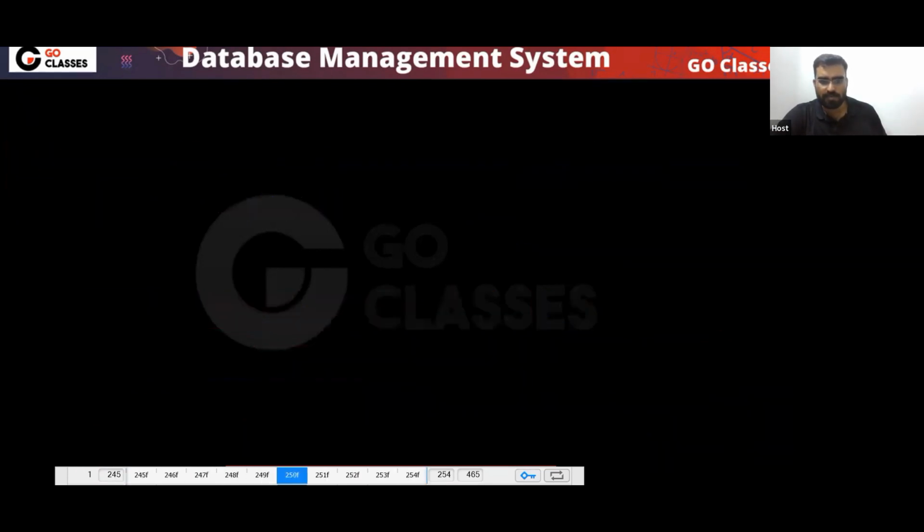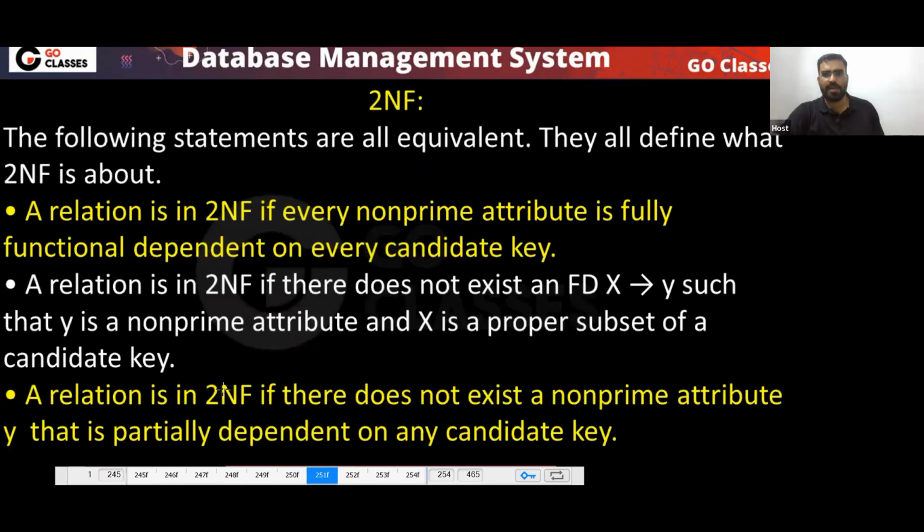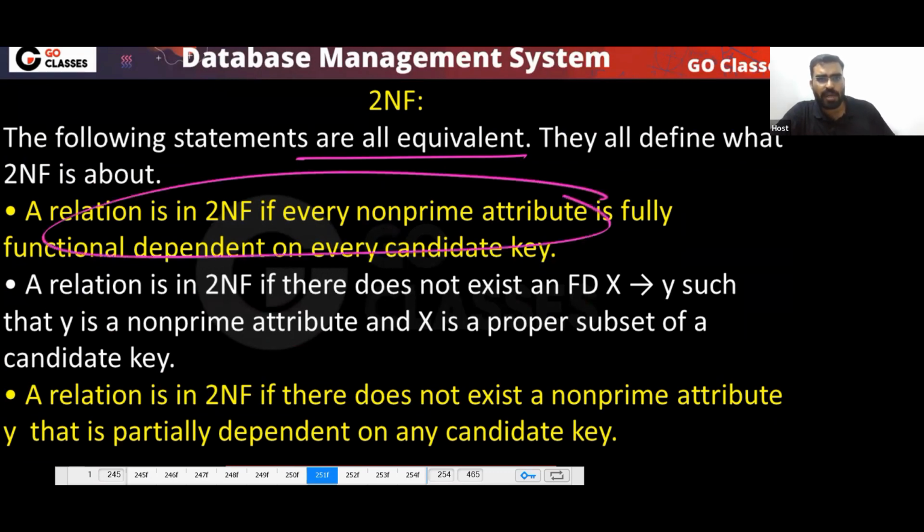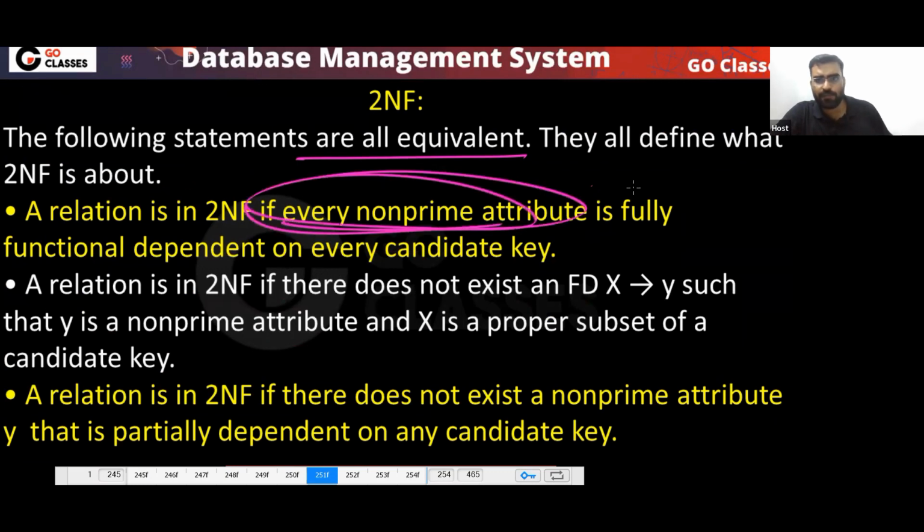Now let's move on. So all these definitions, are they clear? All are equivalent definitions for 2NF. A relation is in 2NF if every non-prime attribute is fully dependent on every candidate key. This is the definition of 2NF.